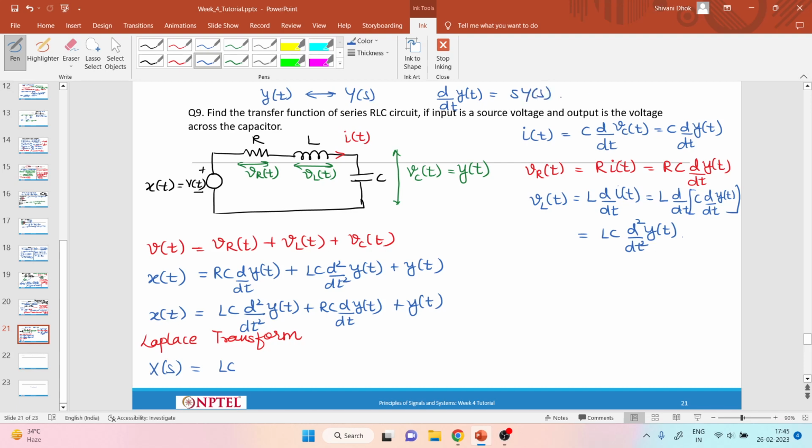Similarly, if I again differentiate it, that is d²/dt² of y of t, using the same property, this will be s squared times y of s. So this is LC s squared times y of s plus RC s into y of s plus y of s.